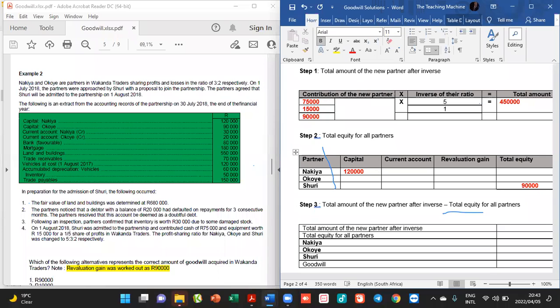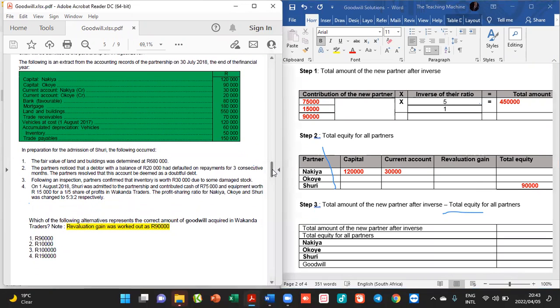Do we have the current account for Nakia? Yes, it's given as 30,000. Now, I said here there's revaluation gain because on information on question 1, you were asked to work out the revaluation surplus or deficit, and the answer was 90,000. If you still remember our lesson on revaluation, we have worked out the revaluation gain as 90,000.